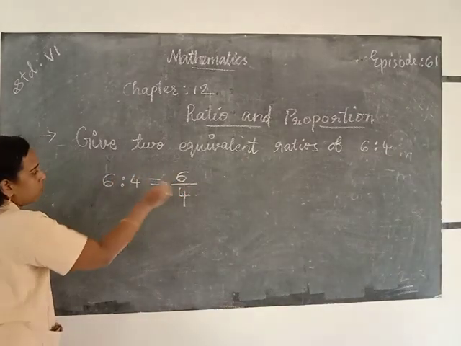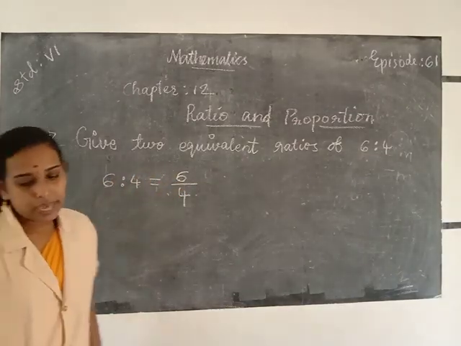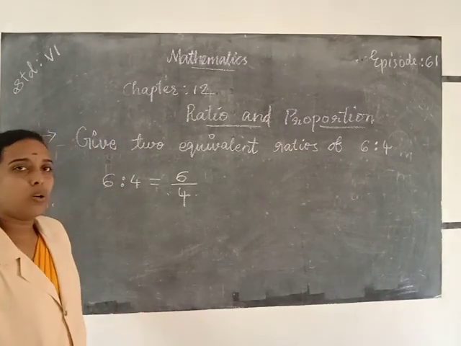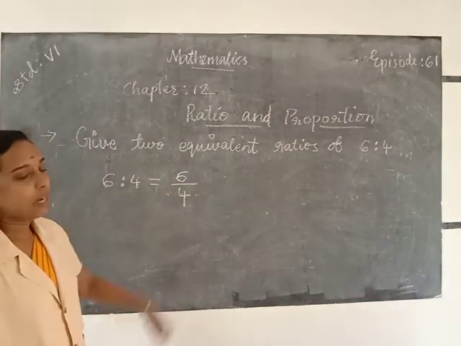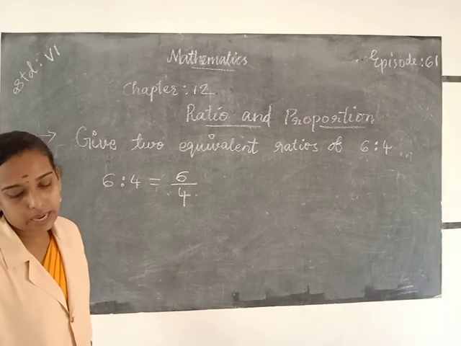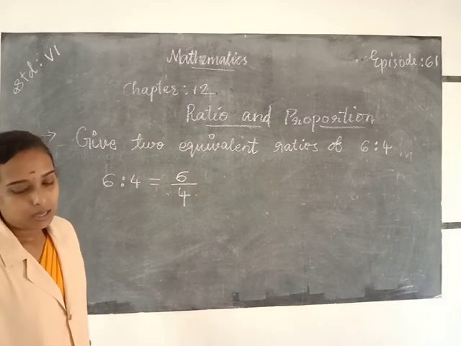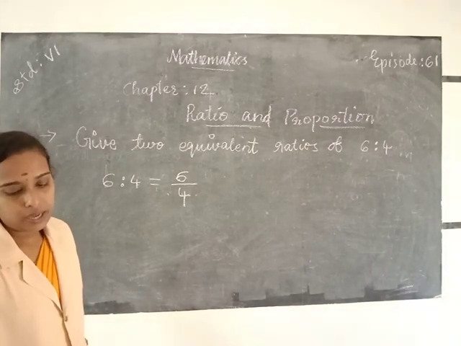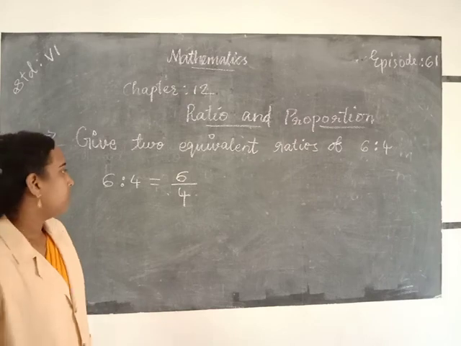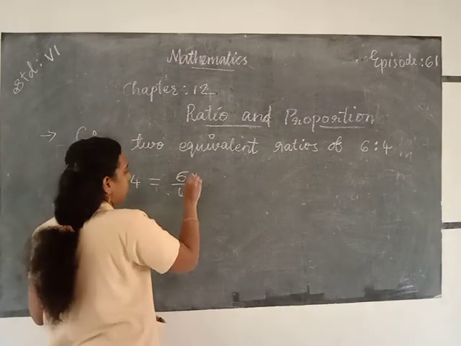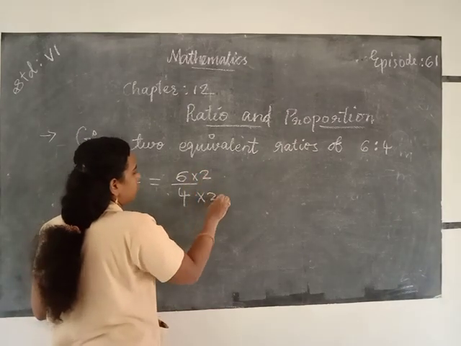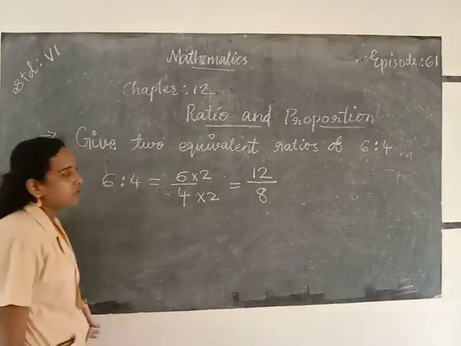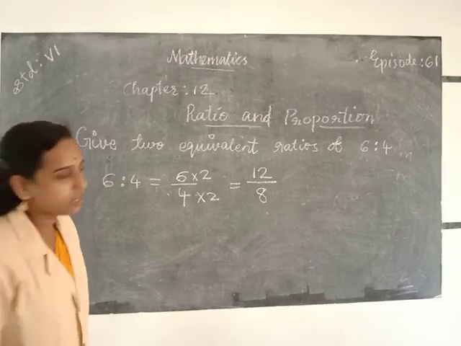To get the equivalent ratio, you multiply or divide the numerator and denominator by the same number. Here you multiply these two numbers by 2. You get 6 2s are 12 divided by 4 2s are 8. So 12:8 is an equivalent ratio.